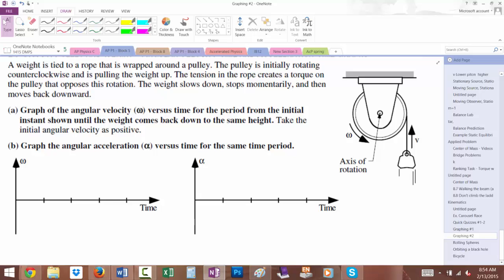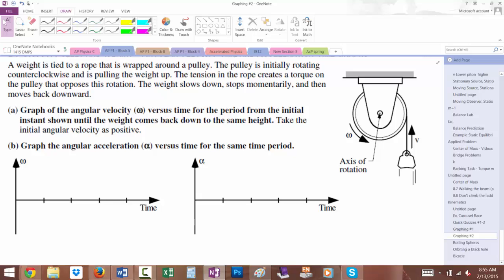The pulley is initially rotating counterclockwise, pulling the weight up. The tension in the rope creates a torque, oh, we know that word, on the pulley, and that opposes the rotation. The weight slows down, stops momentarily, and then moves back down.